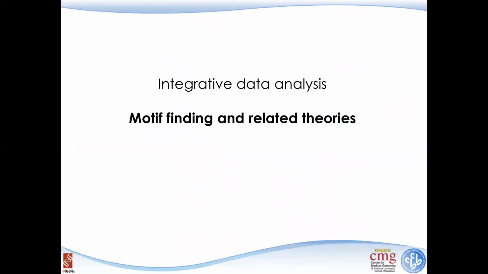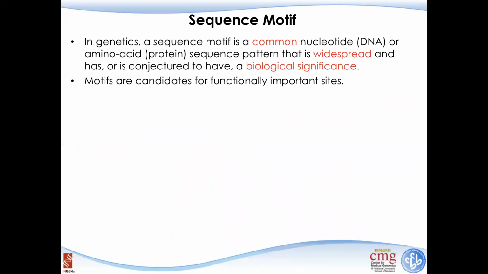So the first lecture today is about how we do motif finding. What is a motif? In genetics, a sequence motif is a common DNA nucleotide or a common protein amino acid sequence. First, it is common.